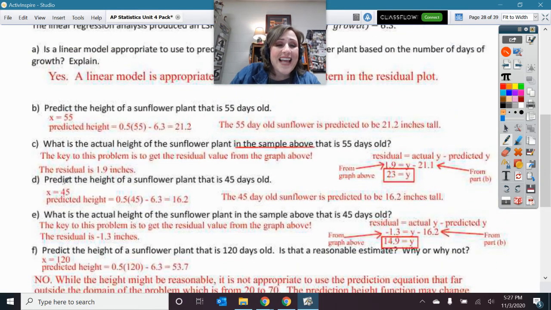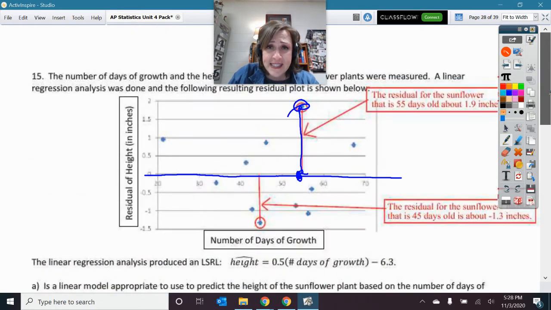Okay. Predict the height for a sunflower that's 45. Plug 45 into the prediction equation. That's 16.2. And now, same thing. Look at the actual height of the sunflower in the sample above that is 45 days old.